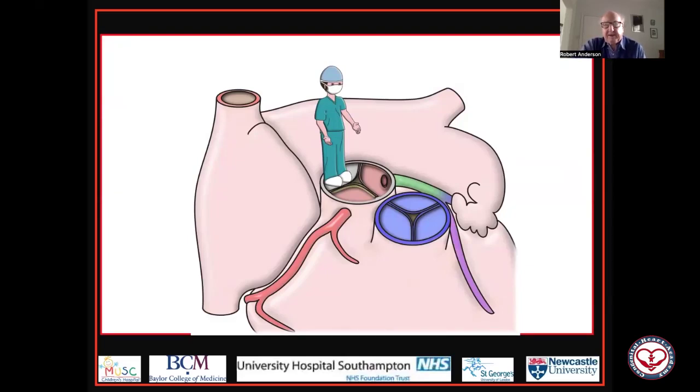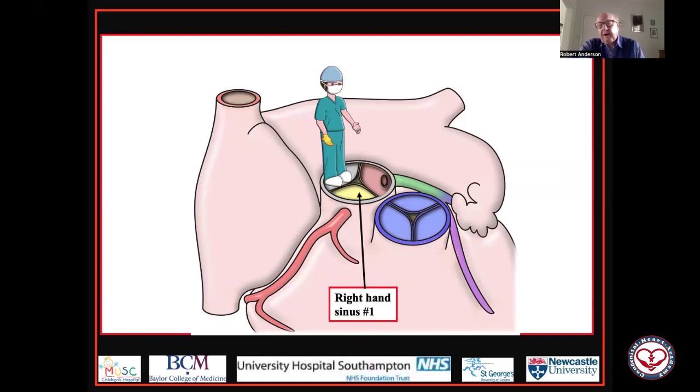And then standing in the non-adjacent sinus looking towards the pulmonary root, we see the two sinuses that are adjacent to the pulmonary root. And it follows that one of those sinuses is to the right-hand of the surgeon. And we call that sinus number 1.